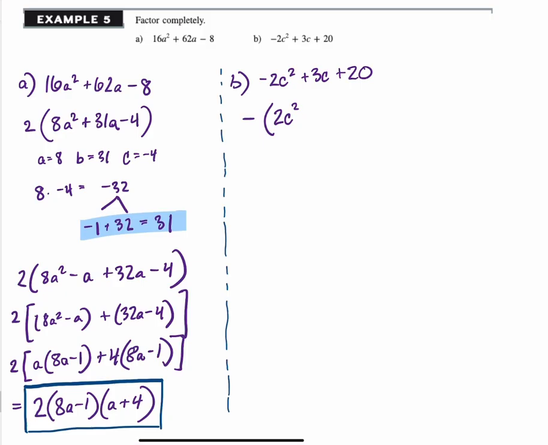We're essentially dividing by a negative 1, so everything will flip sign. This will give us minus 3c minus 20. So let's multiply 2 times negative 20 in the parentheses. That gives us minus 40.